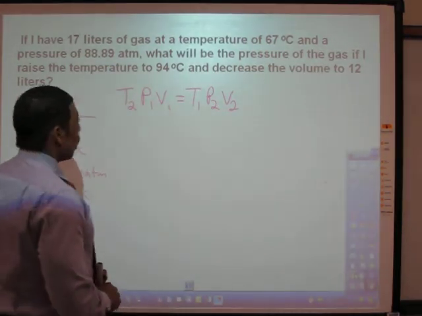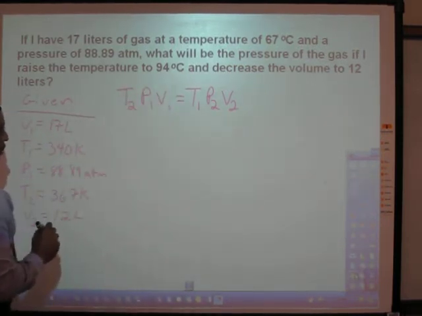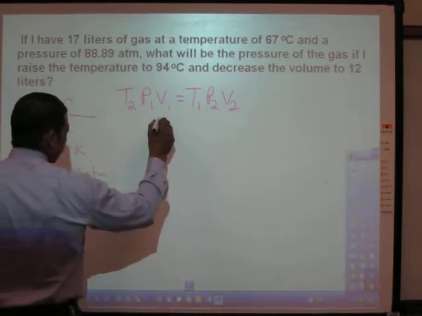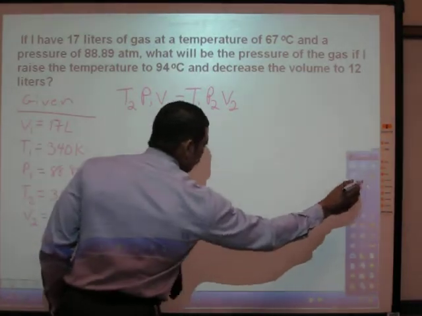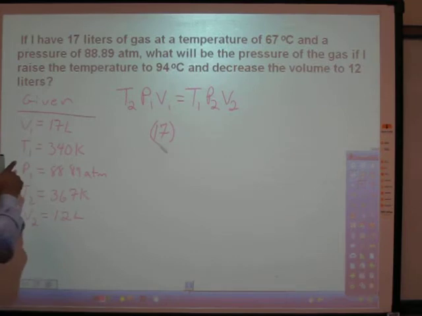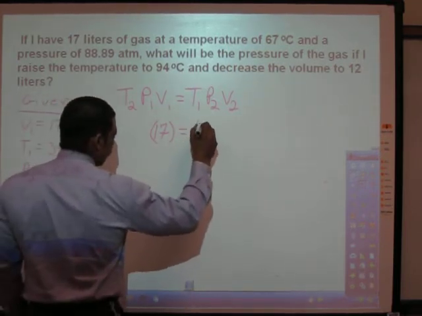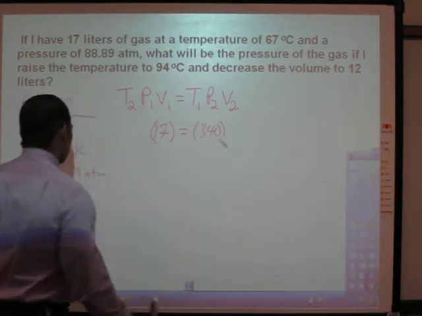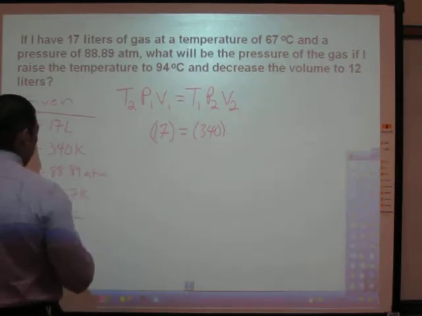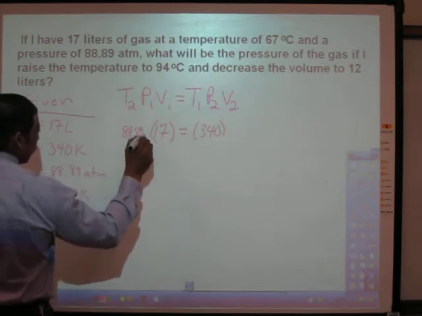So at this point, we simply apply the givens directly to the formula. So, my V1 is 17 liters. My T1, which is on the other side of the equal sign in this case, is 340 K. My P1 is 88.89 ATM.